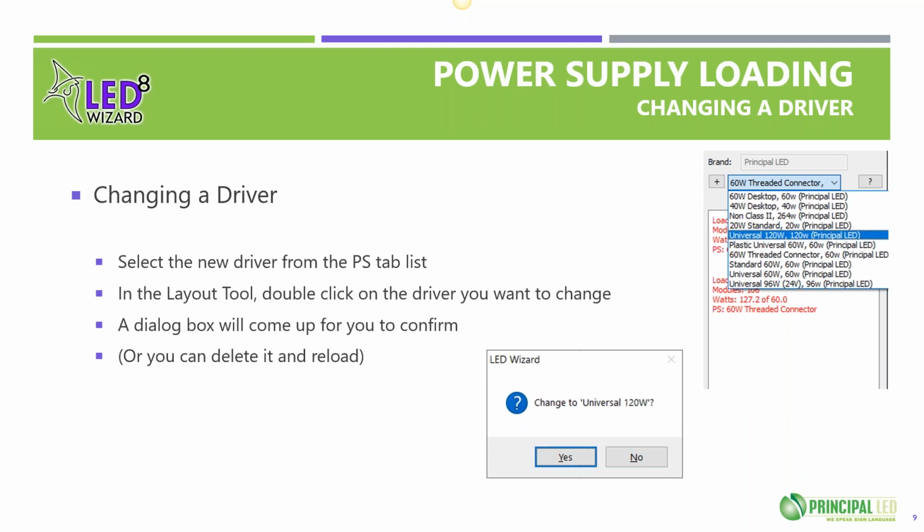In the power supply tab over here, you pick the driver that you want to switch to, and then you go back to the layout and you double click on the driver that you want to change, and then this little dialog box comes up and says, hey, do you want to change it to this universal 120? You say yes, it changes it, it recalculates the load, and off you go. So it's pretty easy. And I just mentioned here, you could just delete it and reload it, and that's fine too. Either way we'll get you there.